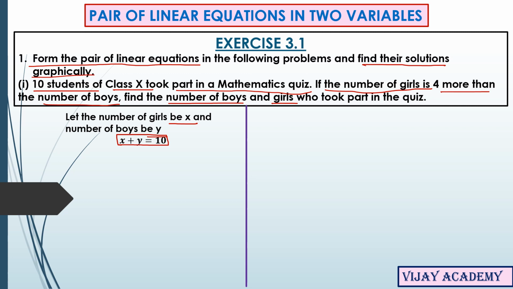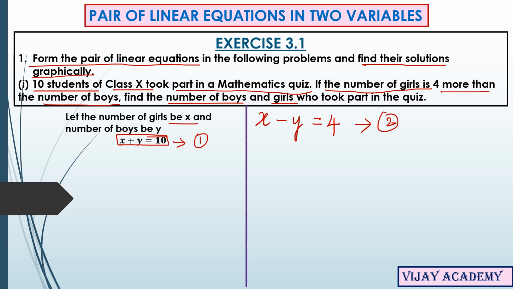We know how to find the difference: the bigger value minus the smaller value. Here the number of girls is more, so number of girls minus number of boys is equal to 4. So this is your second equation. This is your equation 1: x plus y equals 10, and x minus y equals 4 is your second equation.